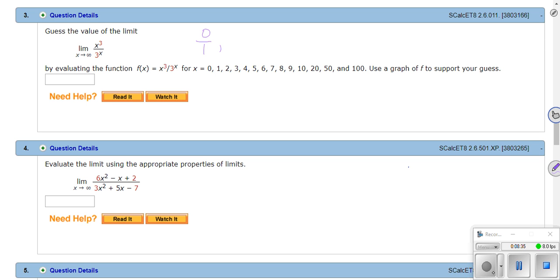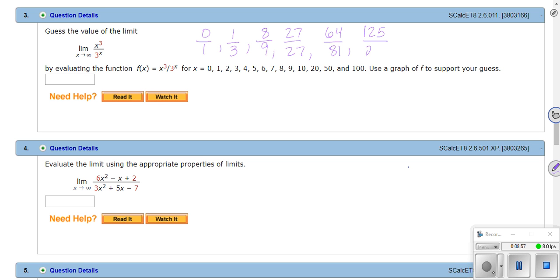If I plug in 1, I end up with 1 over 3. If I plug in 2, I end up with 8 over 9. 3, I end up with 27 over 27, which would be 1, obviously. And then 4 is 64 over 81, and so on and so forth.